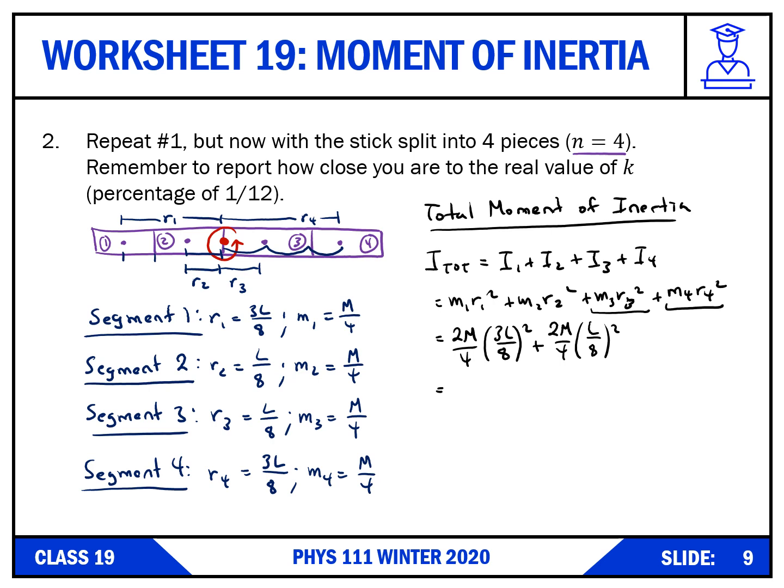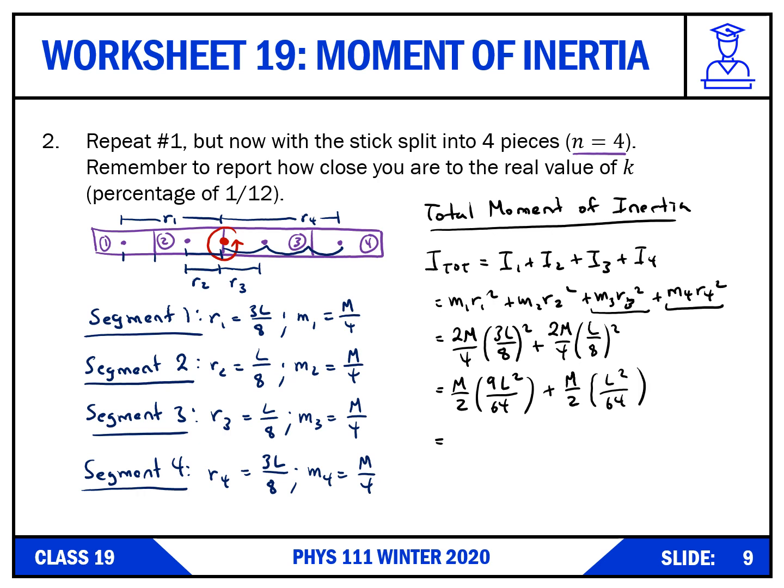So now I have these, just going to add up the fractions. Should probably simplify first, so this would be M over 2. I have 3 times 3 times L squared, so that's going to be 9L squared. 8 times 8 gives me 64. This is going to be M over 2, and this is L squared over 64.